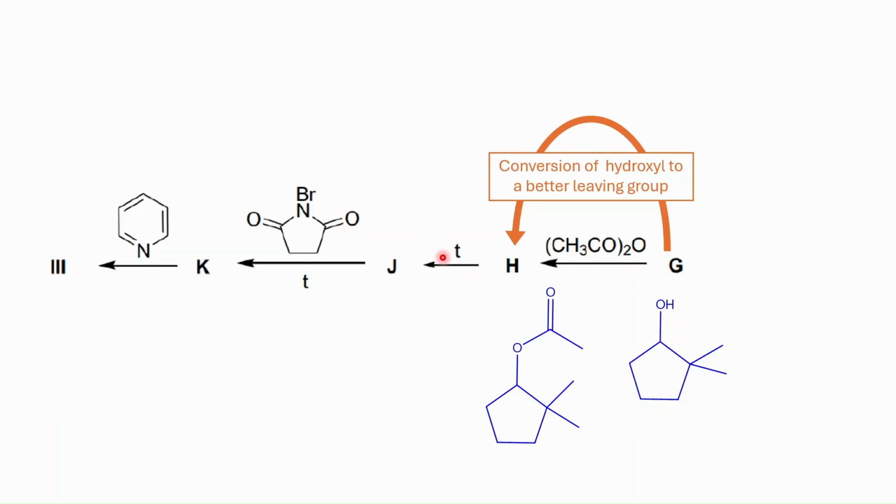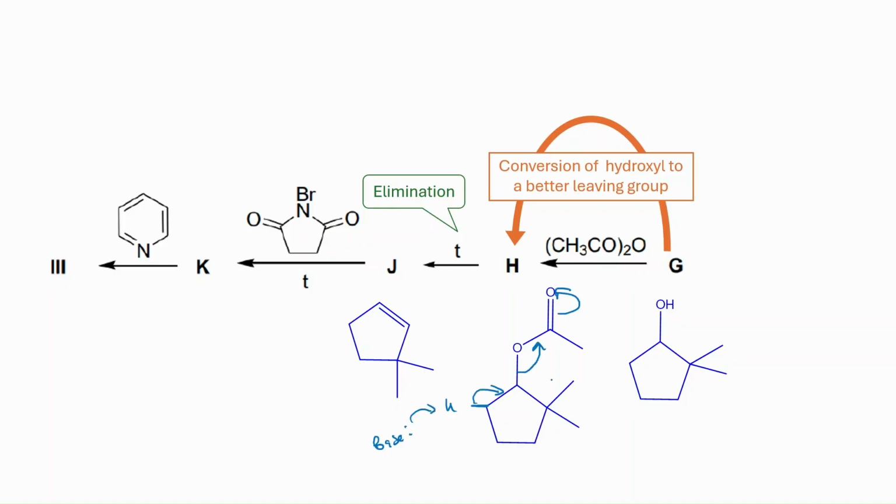And as you can see here, we have high temperatures, which suggest a possibility of elimination. And this would yield us a compound with a double bond. And obviously what could happen here is that we can use water maybe in the system. And this could deprotonate like this. So we have a base. It could go here and it can go like this. So we will have a double bond here and that could be the compound J.